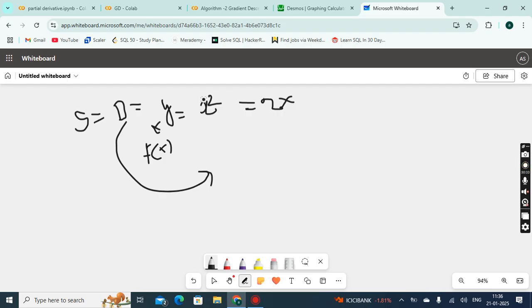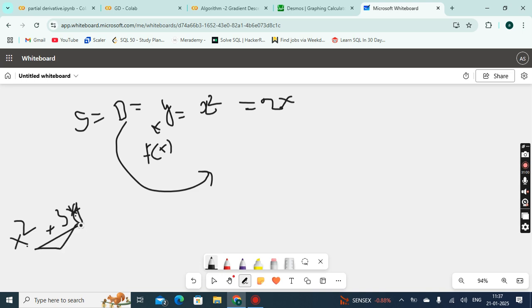Now, this is a single-variable function, meaning a function that has just a single variable, not a single value. So I can say x square plus 3x is also a single-variable function. Why? Because x is the single variable. Now what if I give you x square plus 3y?